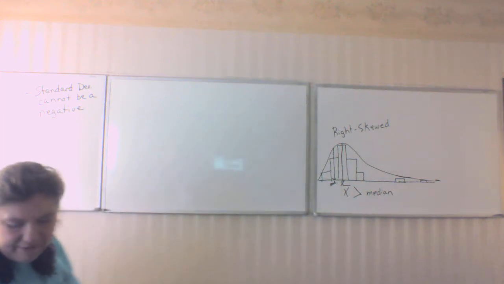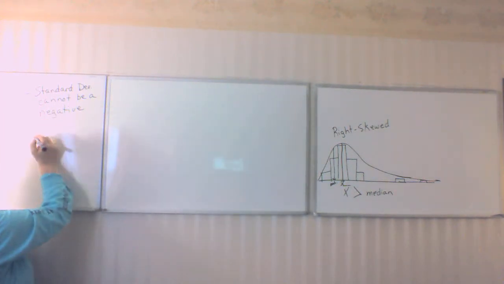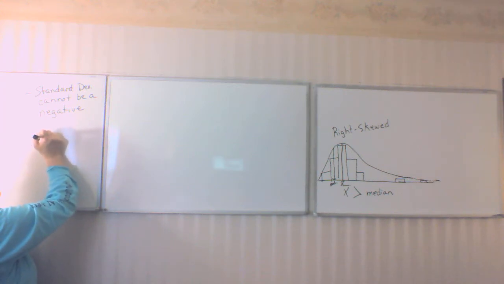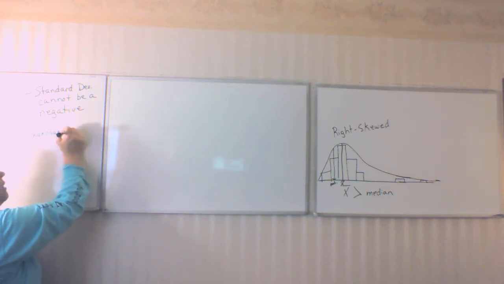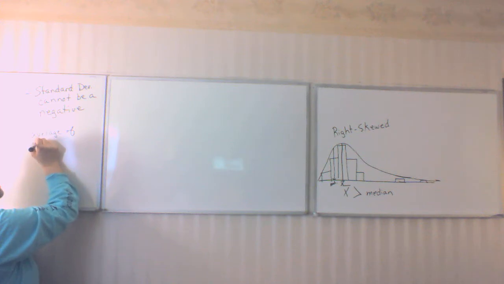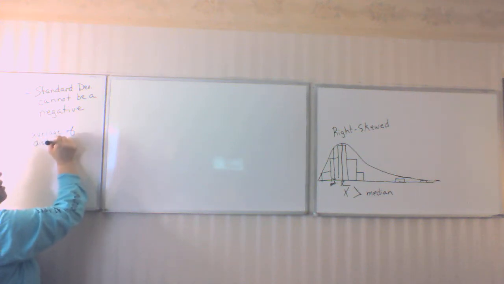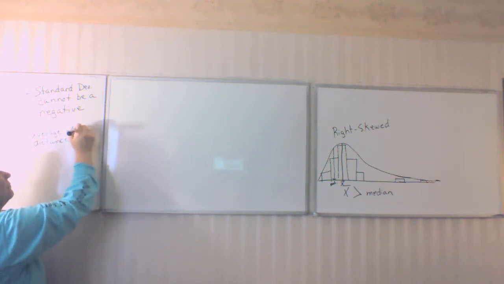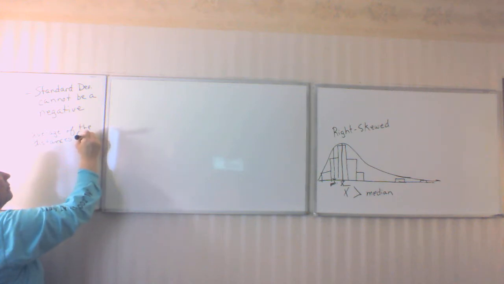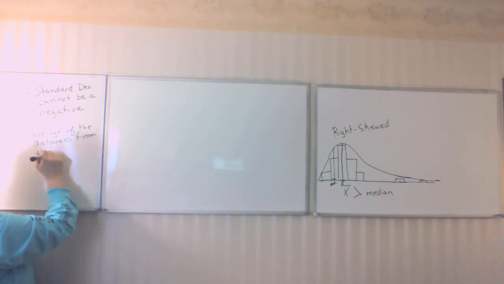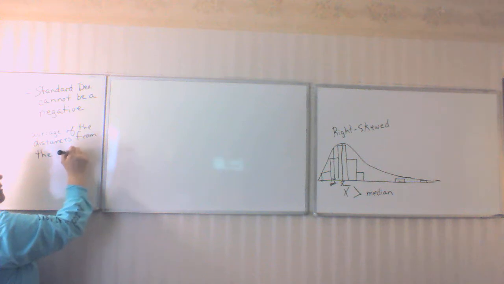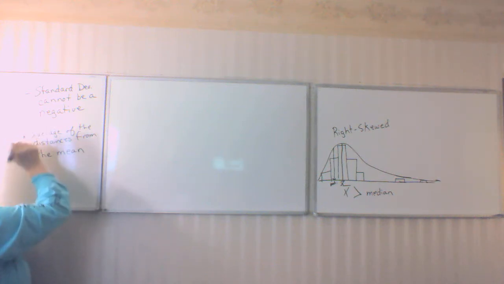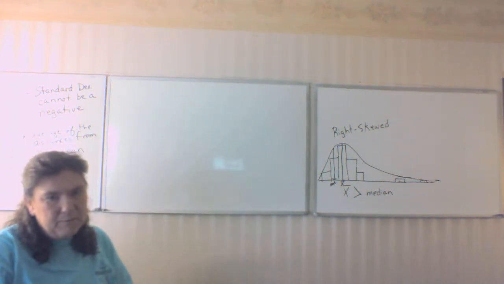A standard deviation is actually an average of the distances from the mean. And that's actually what it is. It's an average of the distances from the mean.